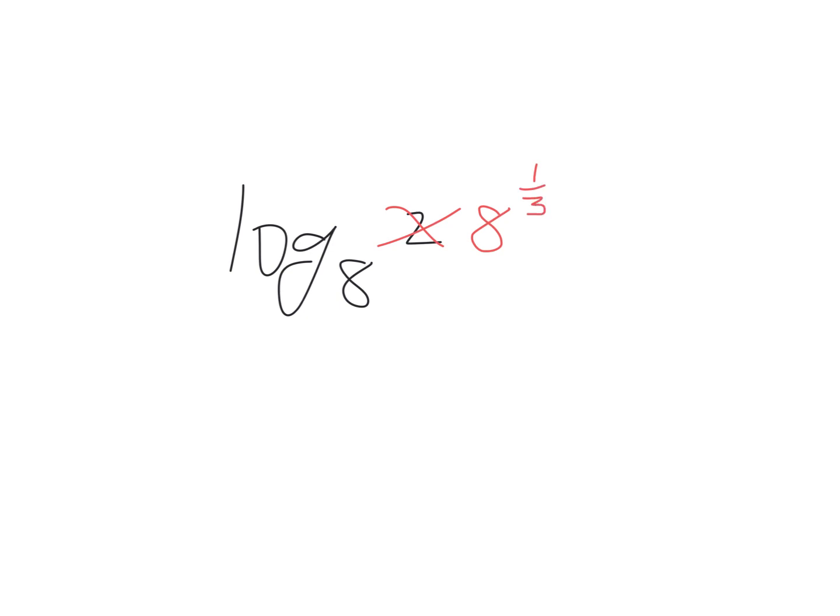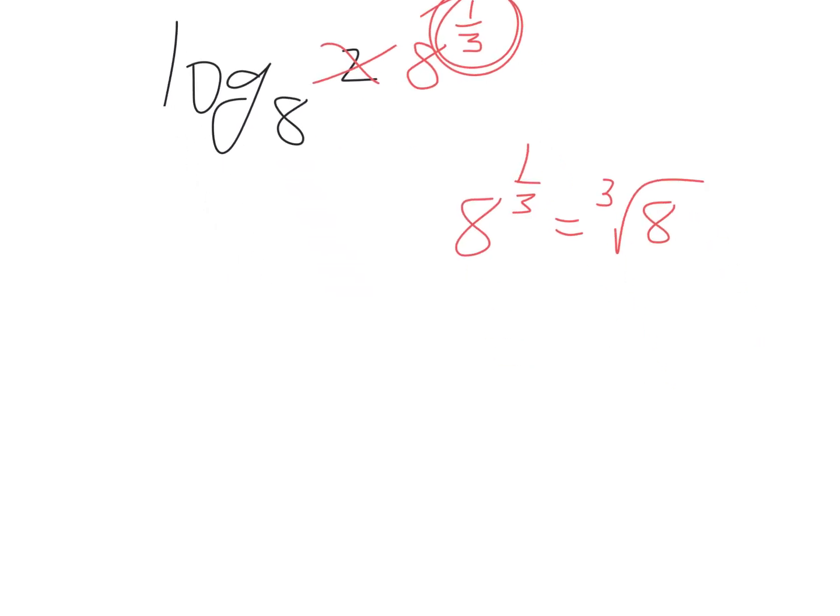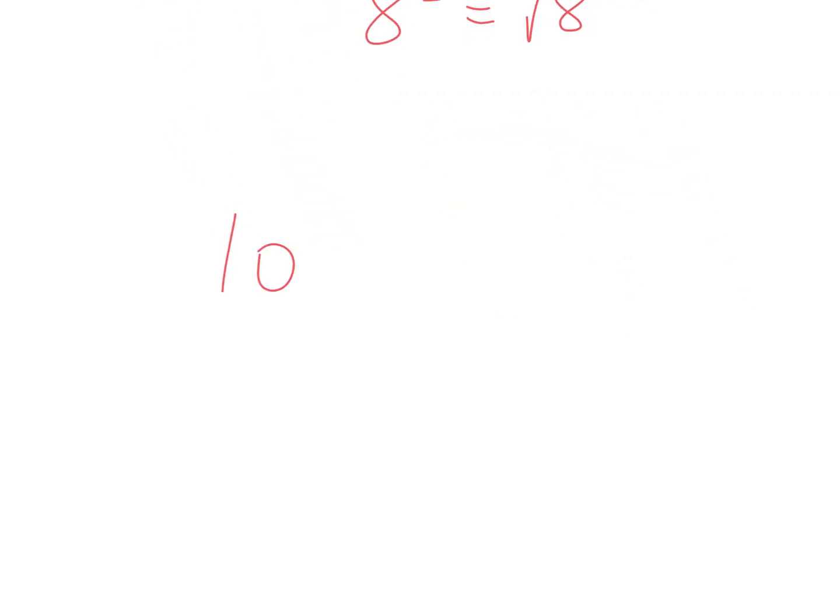Weird powers. Why? Because that's the third root. Do you get 8 to the 1/3 means the third root of 8? And what is the third root of 8? It's 2. We just talked about them in a different context. Okay, so then the answer to that one is 1/3. All right, here's some more tricky ones. Log base 8 of 1/64.